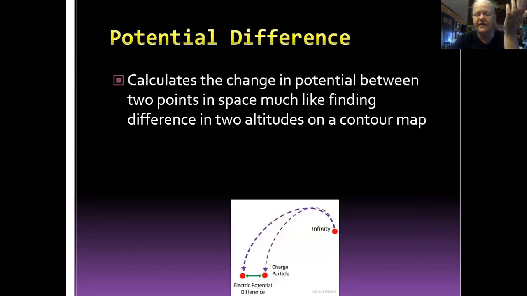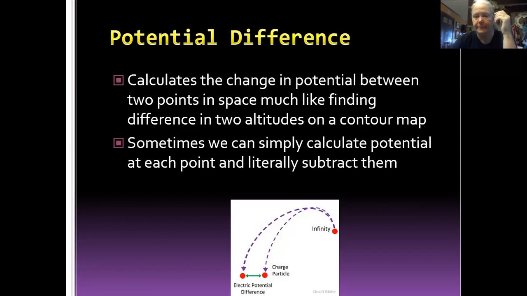Okay, so this potential difference is kind of like the difference between altitude levels, say on a topographic map or a contour map. So if you were to change your altitude, you would know that work would have to be done either against gravity or with the force of gravity, depending on which way you were moving.